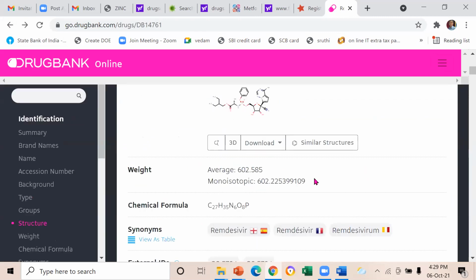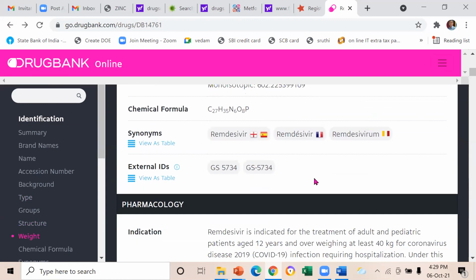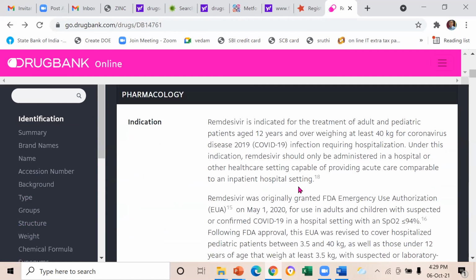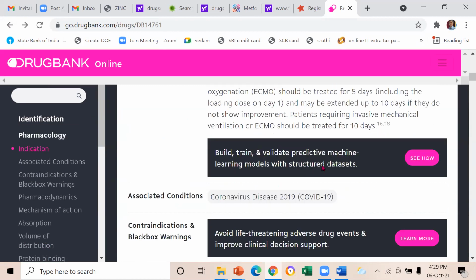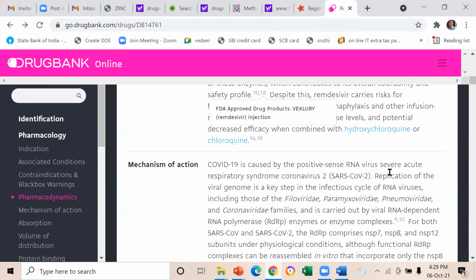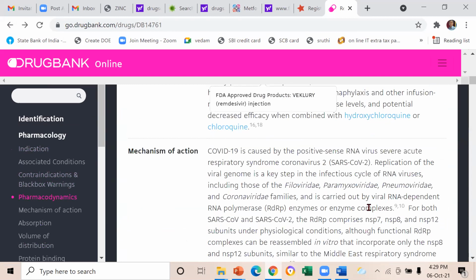Many properties, the weight, the chemical formula, and then it is indicated for the treatment of adults. Pharmacodynamics, how it acts, mechanism of action, how it works. So it works on the RNA virus in COVID-19.